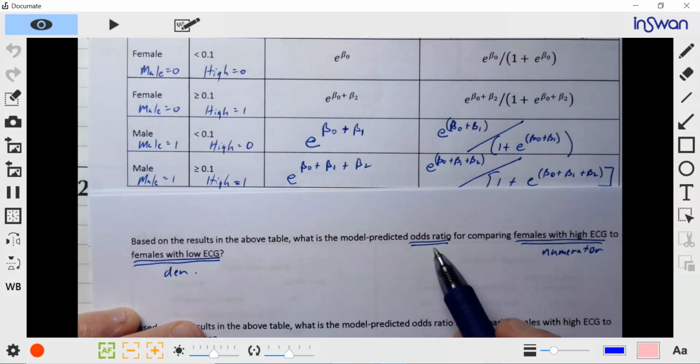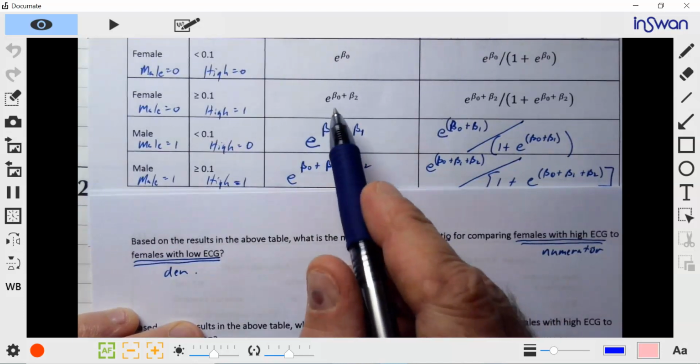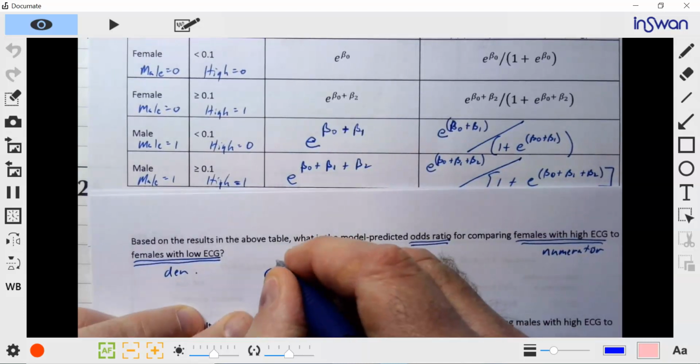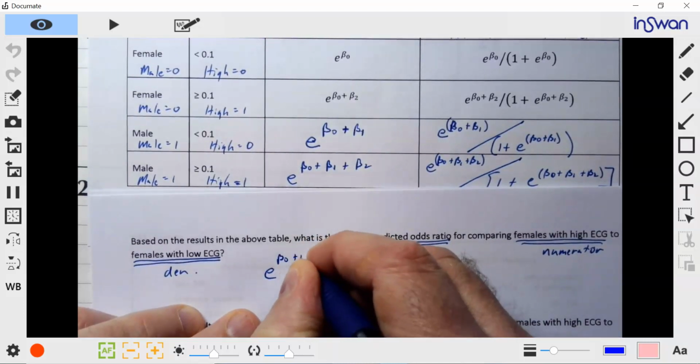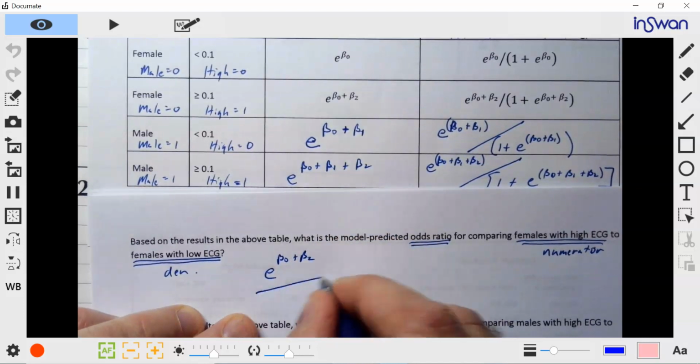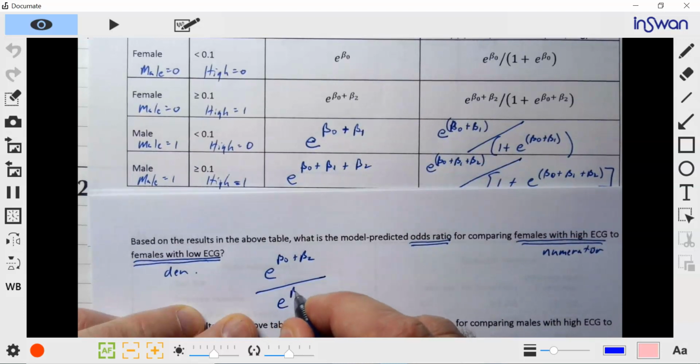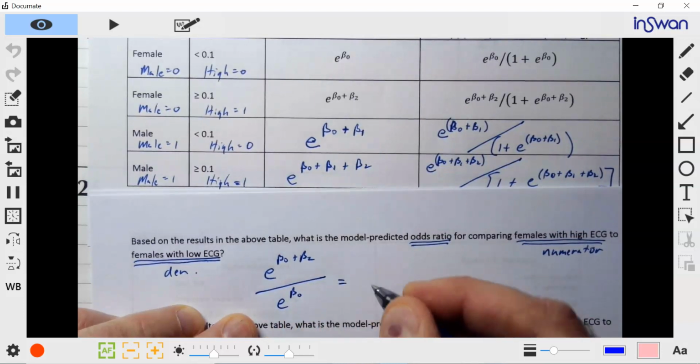An odds ratio is a ratio of odds. So my odds for a female with high ECG is e to the beta 0 plus beta 2. The odds for a female with low ECG is just e to the beta 0. And I'll write this out.